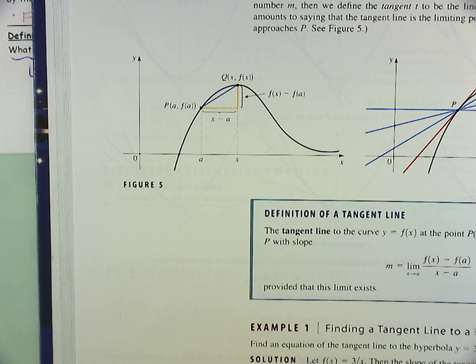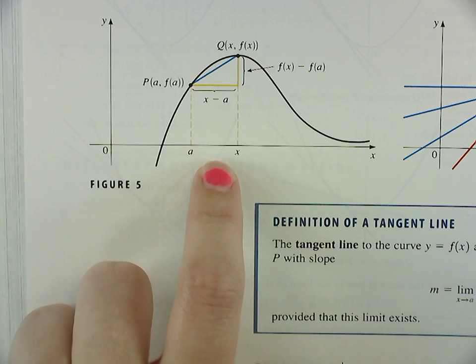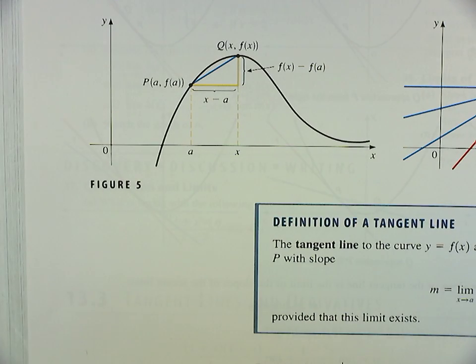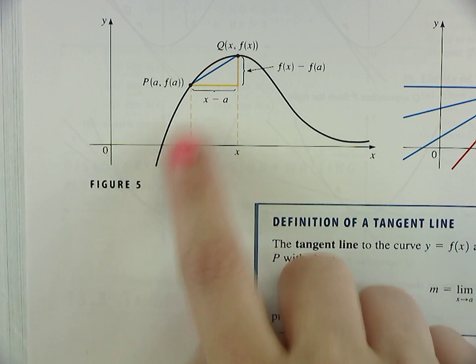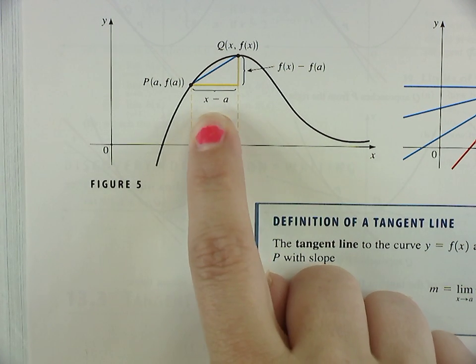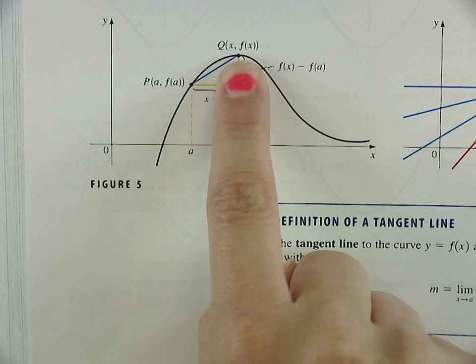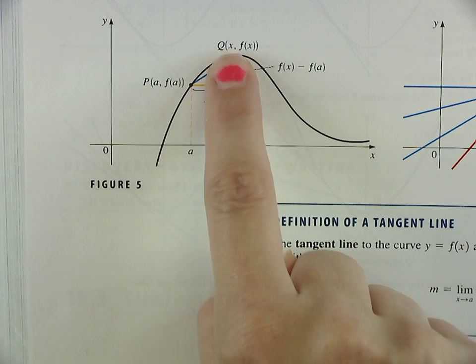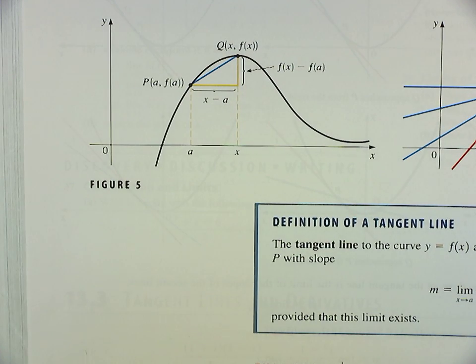All right, so I'm going to just go over what this looks like here. If you have your point P and your point Q, okay, this is your input, this is your output, this is your input, this is your output. This is exactly where your equation comes from.